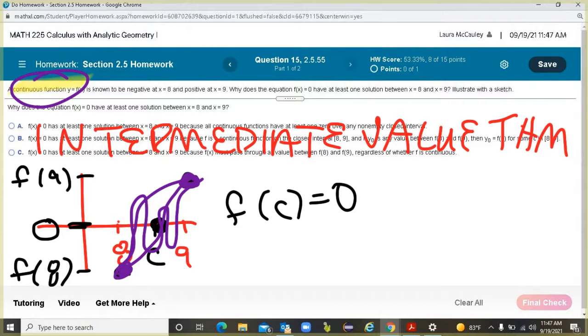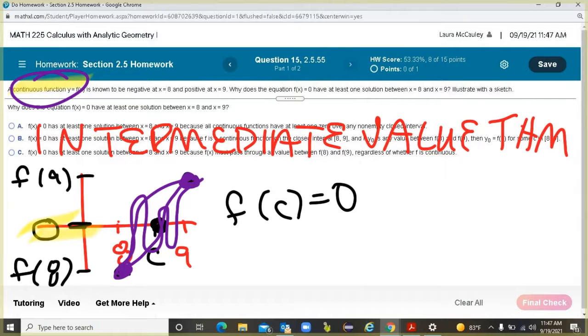Again, I'm saying x-axis because in this case we're concerned with it being 0, and 0 is the x-axis. So because f of 8 is negative and f of 9 is positive, somewhere between 8 and 9 is a value that equals 0.